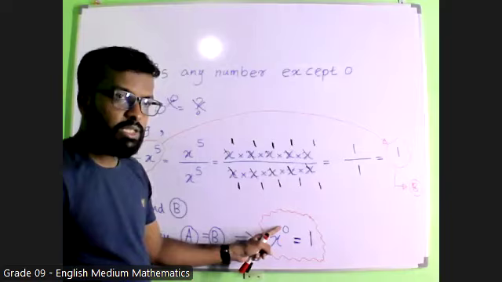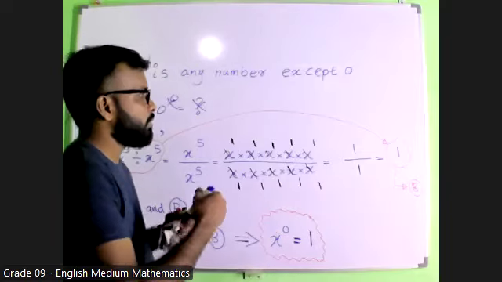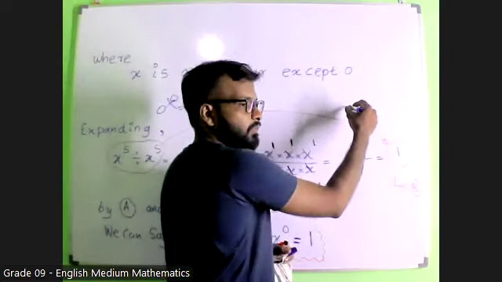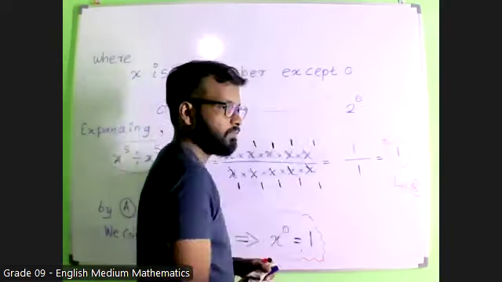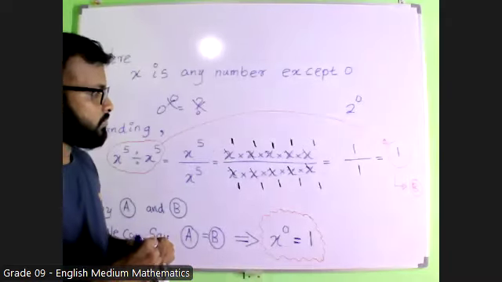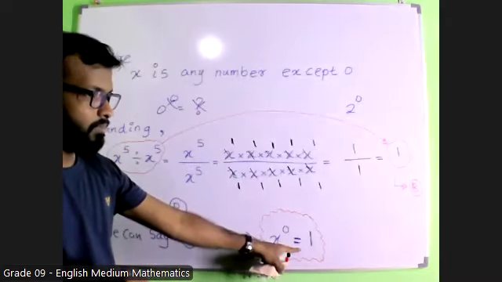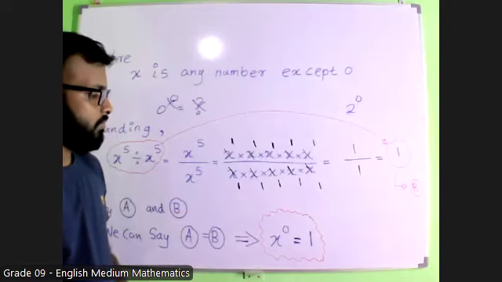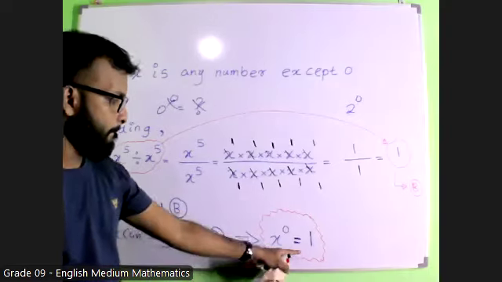The power can be 0. So tell me the answer for 2 to the power 0. 2 to the power 0 equals 1.